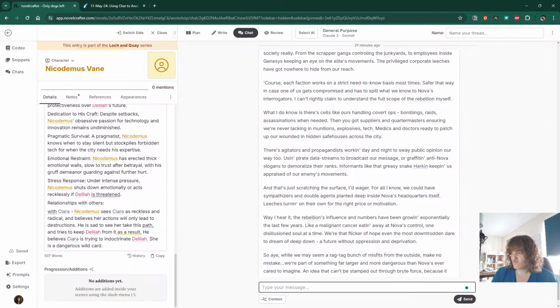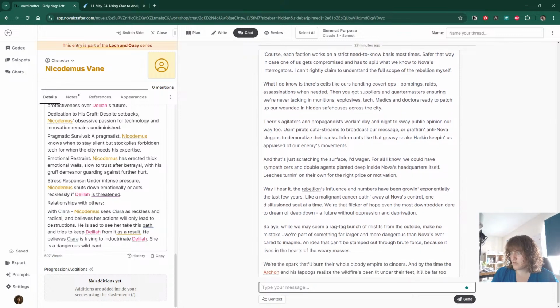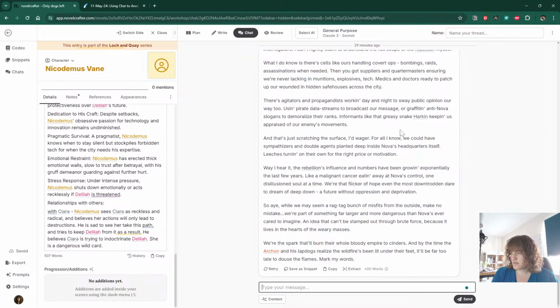I like that it's taken the concept of Nova being kind of like business central rather than old-fashioned monarchy vibes. That might be something I would want to explore in this story, because I'm almost imagining now a board of governors and stuff.